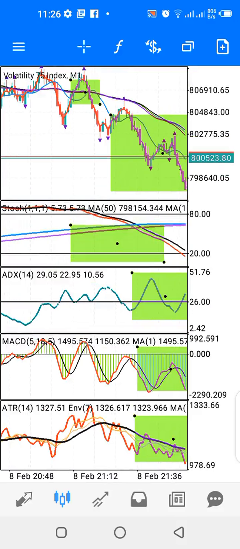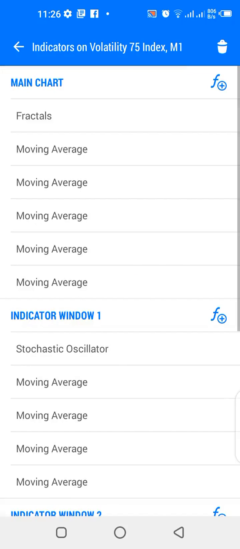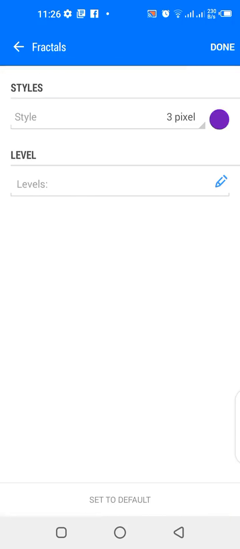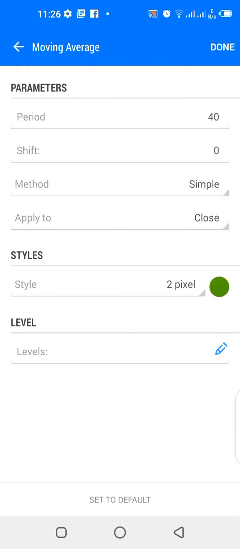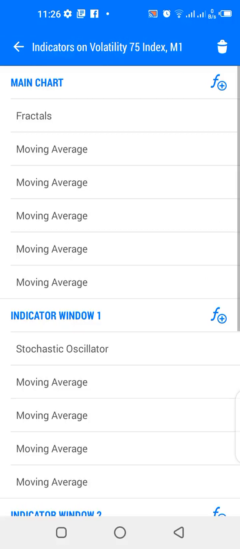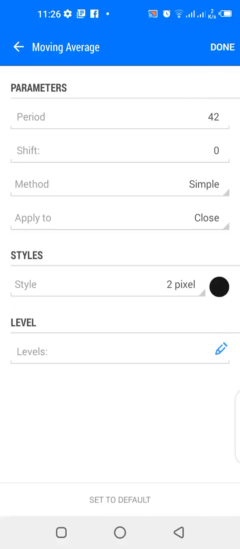All right, so that's the way the main window works. Let's look at the settings. For the main window, we have fractals, we have moving average, 40 period, shift is 0, method is simple, apply to close, color is green. We have another moving average, period is 40, shift is 0, method is simple, apply to close, and the color is black.